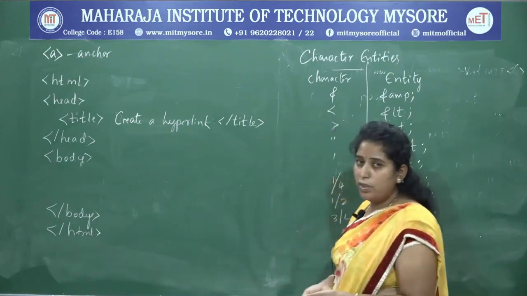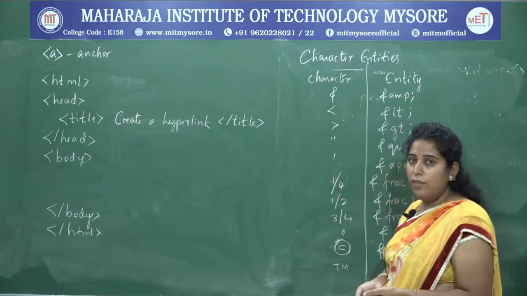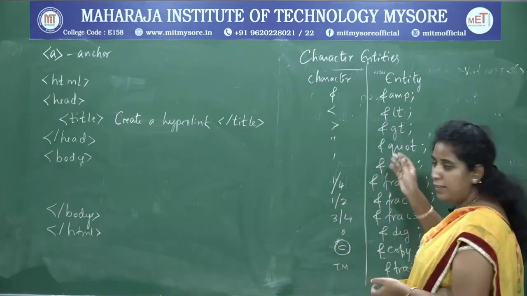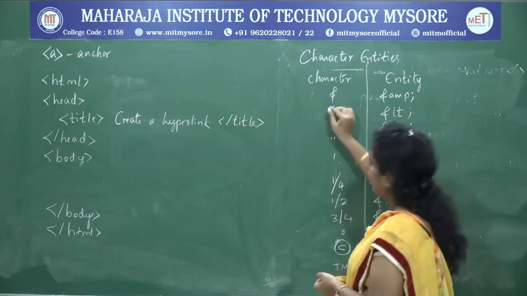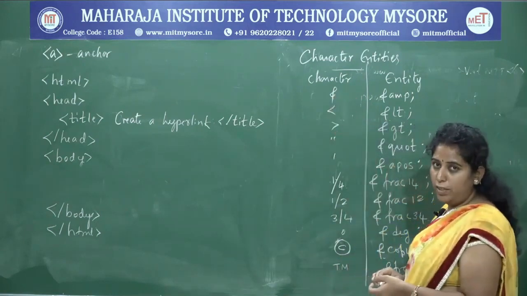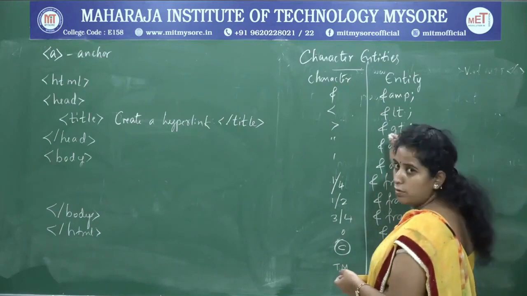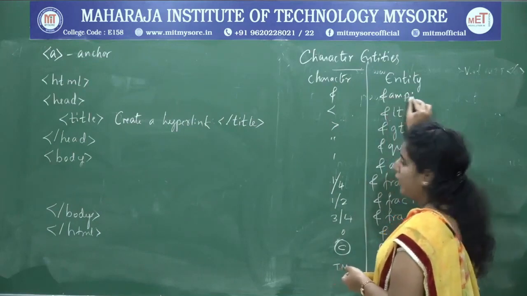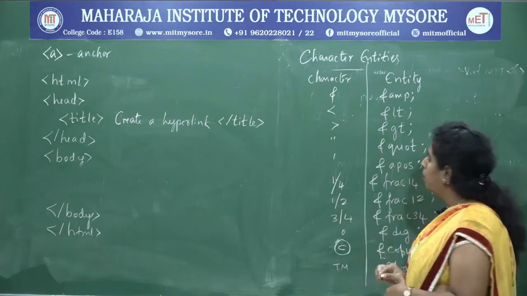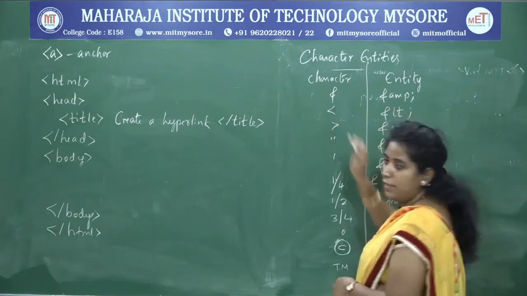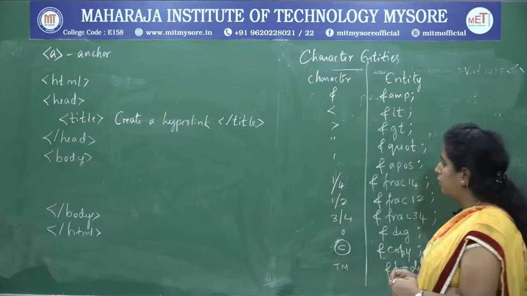Okay. So for such characters, we have certain entities. For example, I want to print ampersand, that is the address operator. So how would I use it? Ampersand AMP, and it has to be ended by a semicolon. By that time, this character gets printed on the screen.